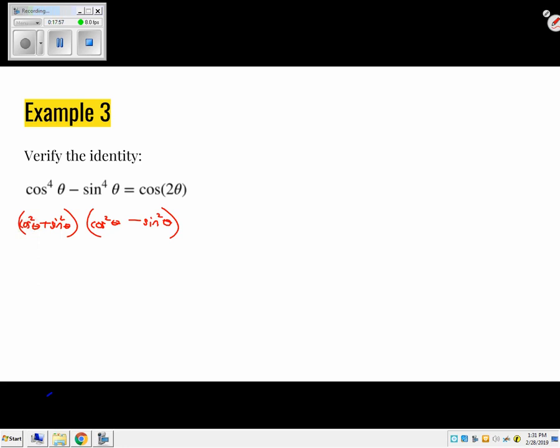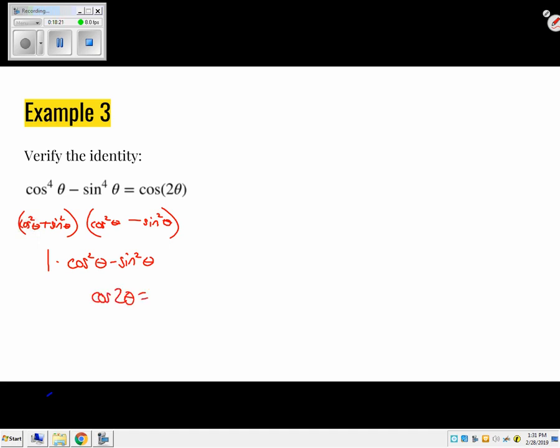Which one equals 1? This equals 1, right? That's my first Pythagorean identity. So I have 1 times cosine squared theta. We're done. That doesn't look like that. Ah, this is my first double angle cosine formula, wasn't it?